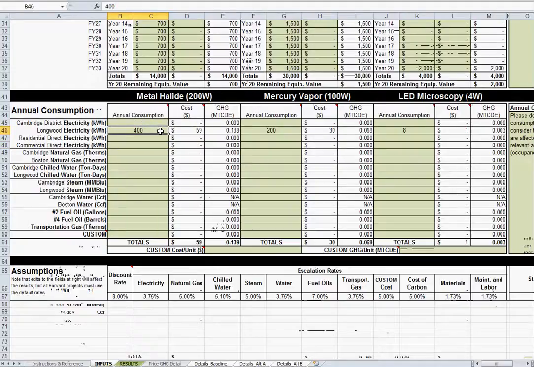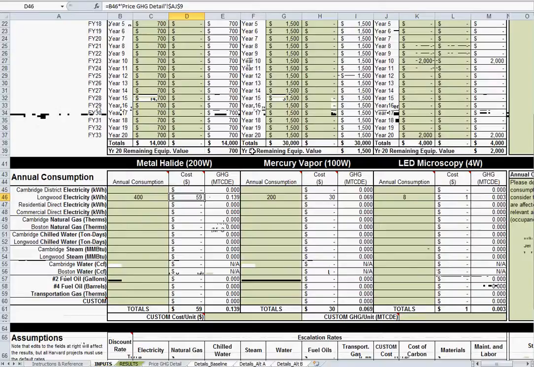So the Longwood, we've got $59 in cost, and we dropped that all the way down to $1 in cost with our LED system. So on a percentage basis, we actually have a very large change in costs overall. I mean, obviously we're 1/59th essentially of the cost of our metal halide system. However, that's still just $58 a year, and this gets at the essence of why we use life cycle calculation.